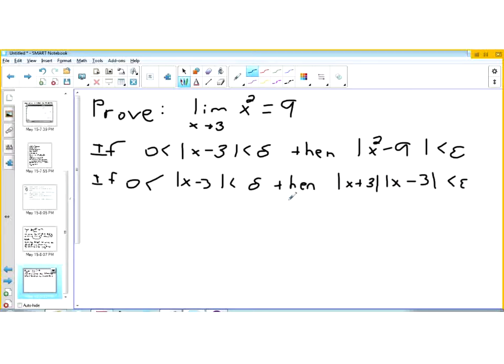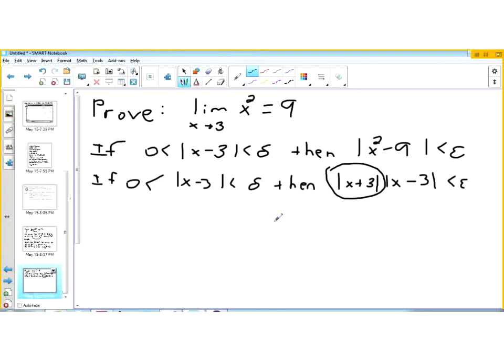Now, the strategy so far has been to make the then portion shaped like the if portion. Usually, up to this point, this factor right here was a number, and we would swing it over to the right-hand side of the inequality, basically epsilon divided by a number, and call that delta, and we're done. But we can't do it in this case. We're stuck.